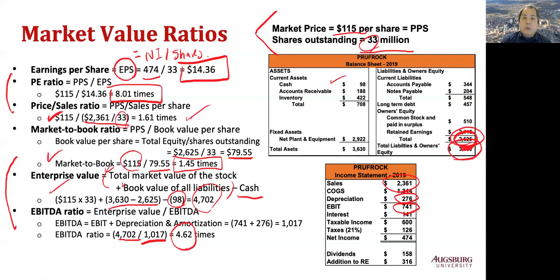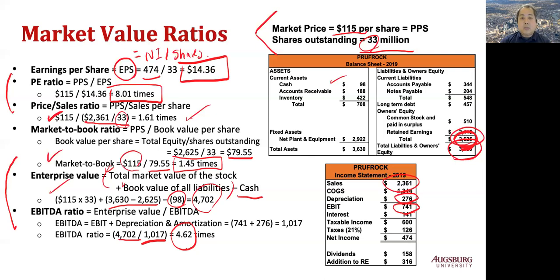We don't require you to memorize these ratios, so you don't have to worry about memorizing. However, many ratios will be automatically memorized because we will use them in the future, not just for this class, but also in your career. These are key factors that you need to know.